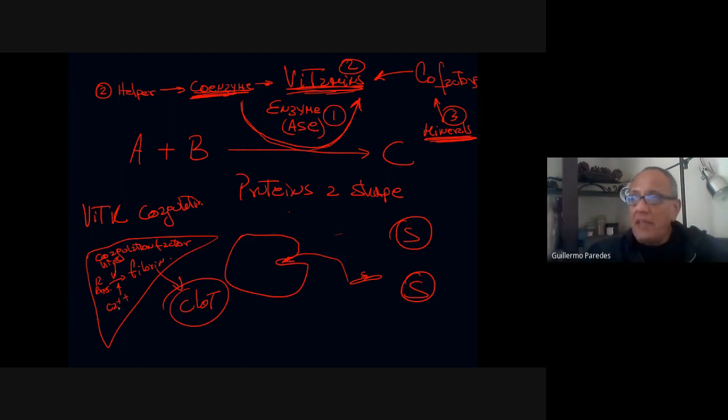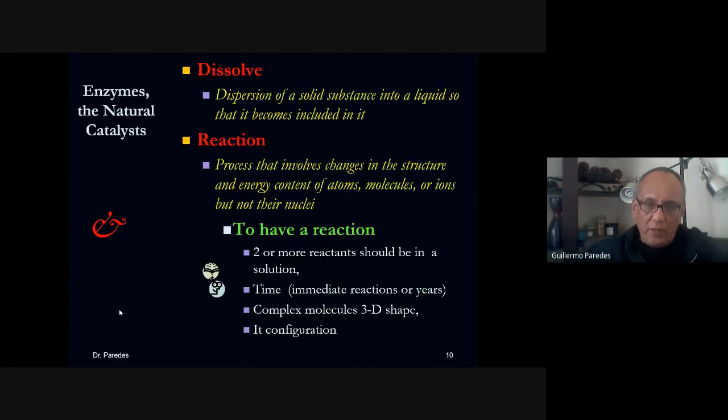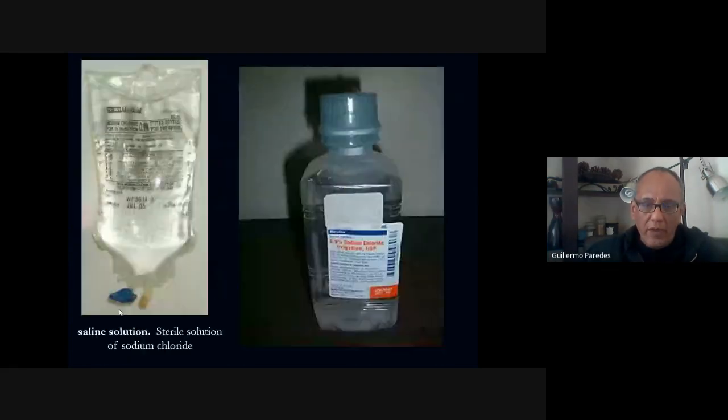So there are many examples. What I want you to remember in this class is that we have solutes, reactants, and the other one, what is the name?